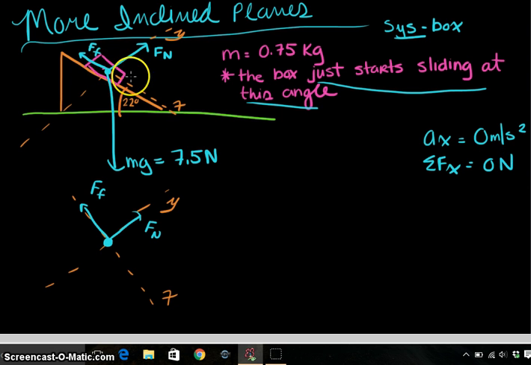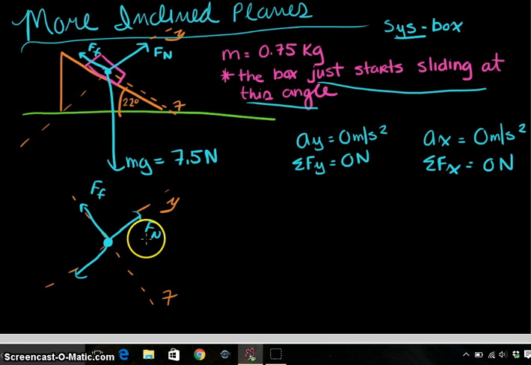The acceleration in the y direction is also 0 meters per second squared, and the F net in the y direction will also be 0 newtons. So whatever my y component of mg is, it will be the same magnitude as the normal force.